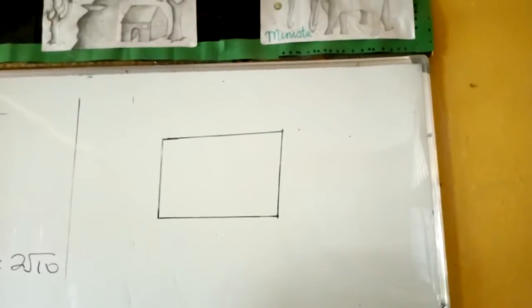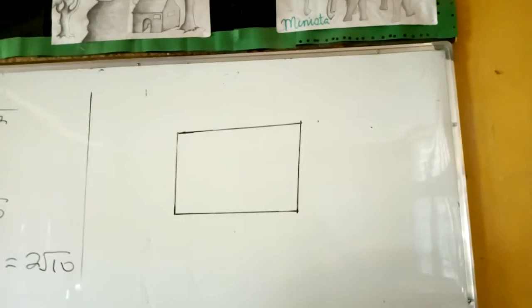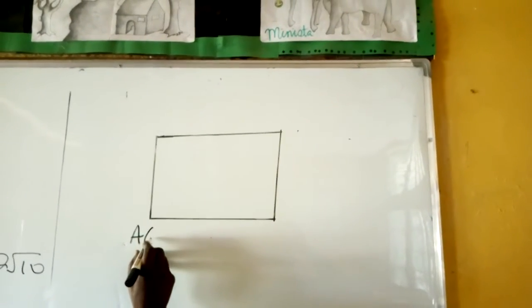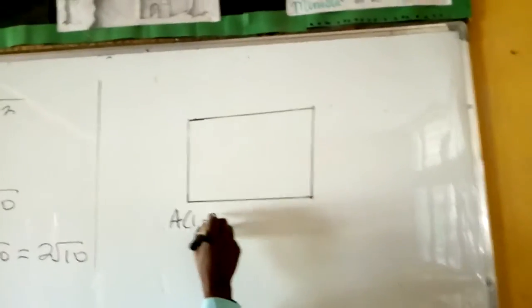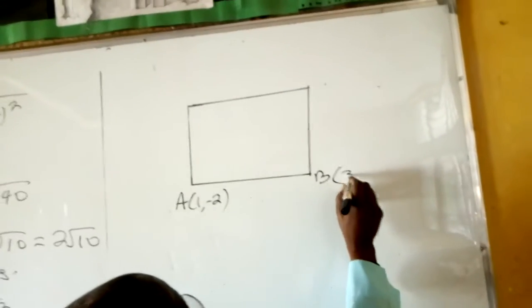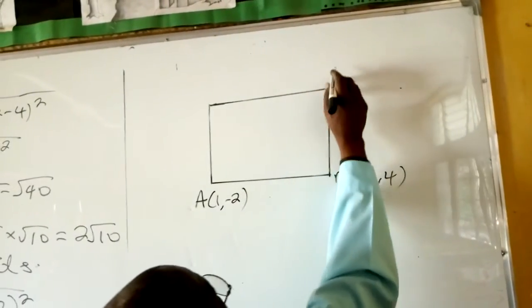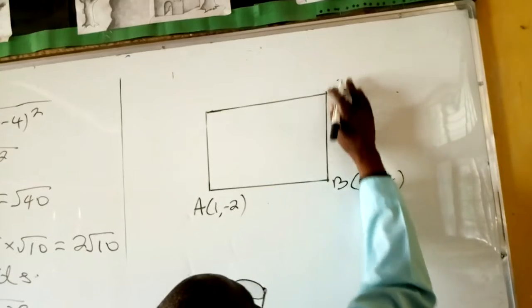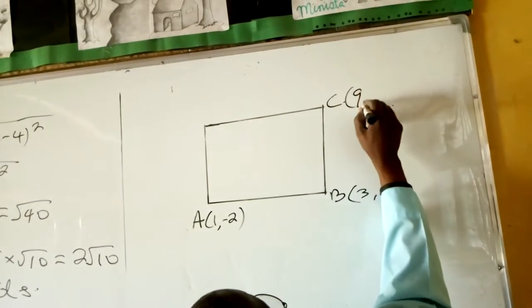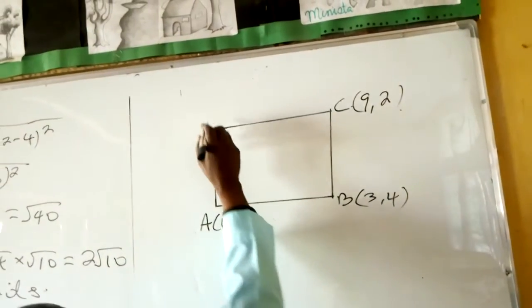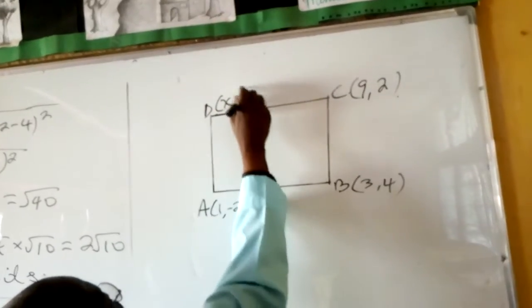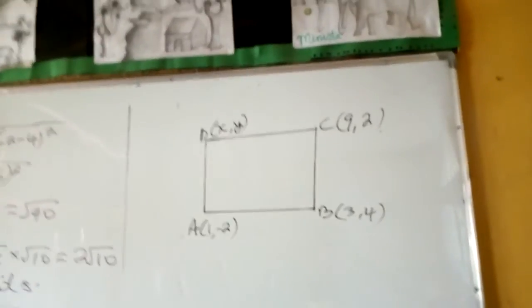So, I have a square. Now, my A can be here, A (1, minus 2), B (3, 4), and C, that is C (9, 2). D, I don't know D, so let it be (x, y).